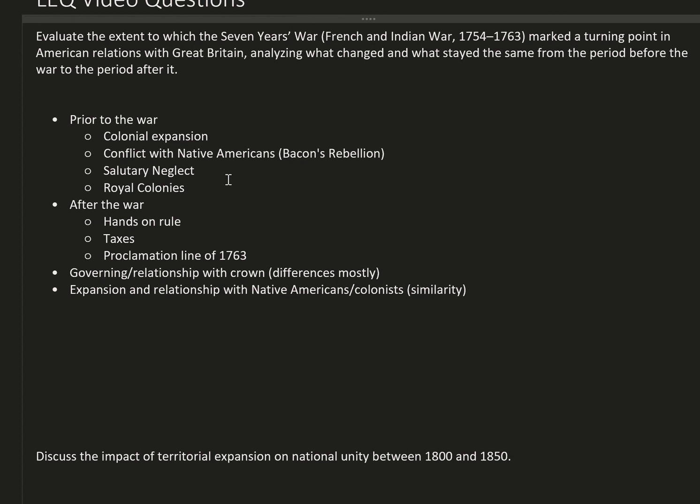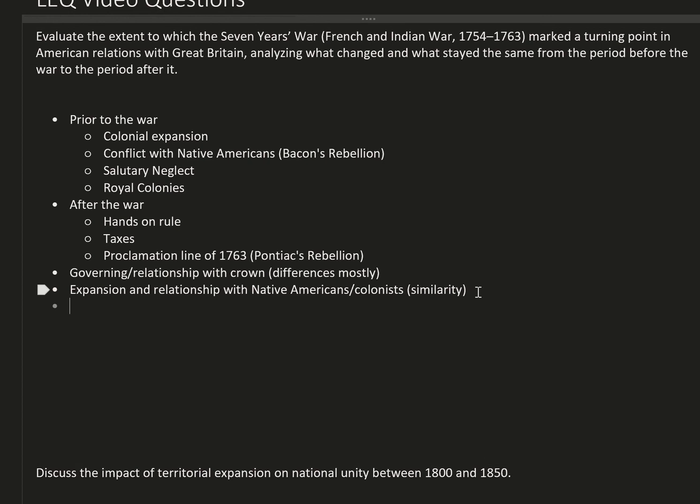So we also could include Pontiac's Rebellion in our discussion here, as that push for the proclamation line. So that's really a big similarity, where it's still coming down from Britain, trying to avoid conflict with Native Americans and trying to stop the colonists from just moving westward as much as they want.